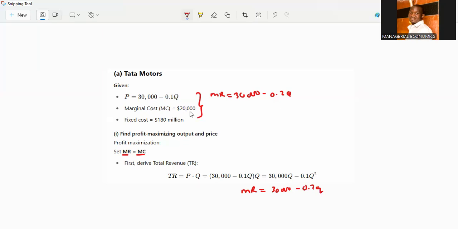So since we're given the marginal cost, we want to find the price and quantity that will maximize profit. So we equate the marginal revenue to marginal cost directly. Our marginal revenue is this one, and our marginal cost has already been given as 20,000. So we're going to have 30,000 minus 0.2Q should be equal to 20,000. Are we following?